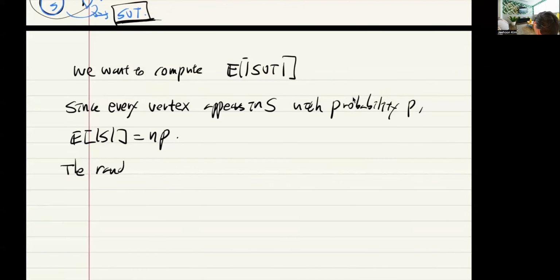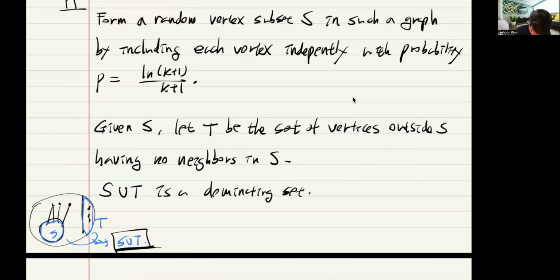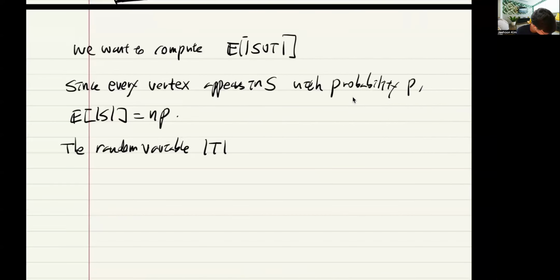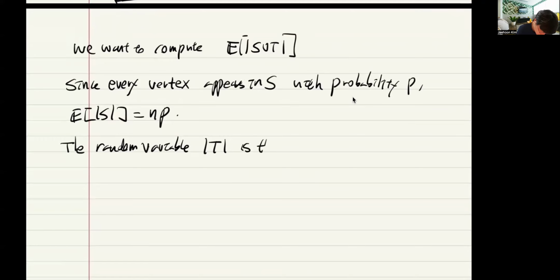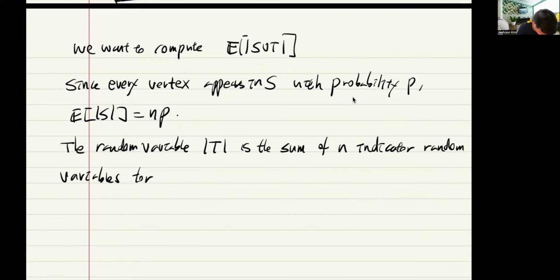And the random variable, the size of T, is the sum of n indicator random variables.